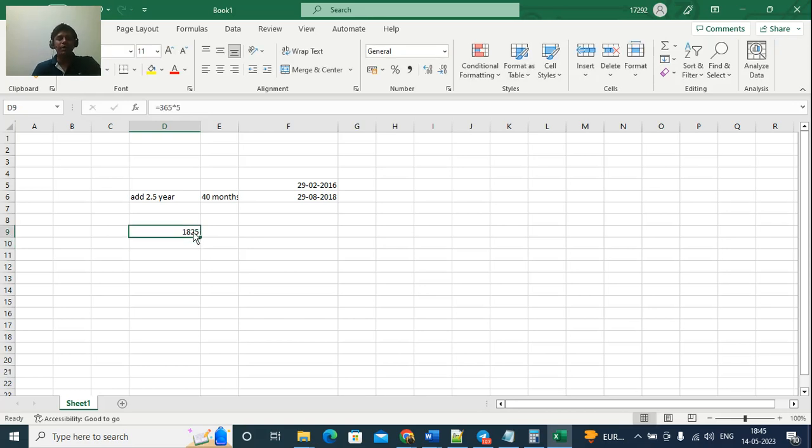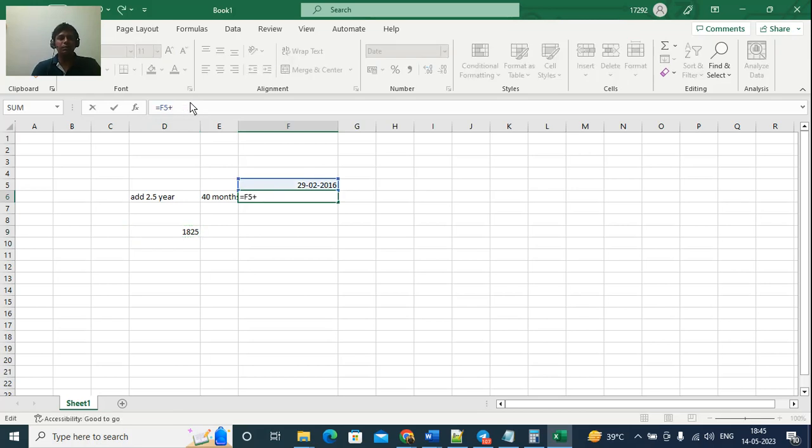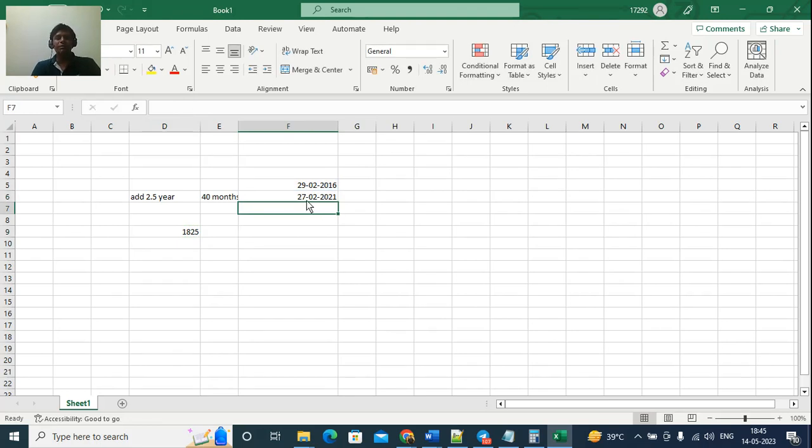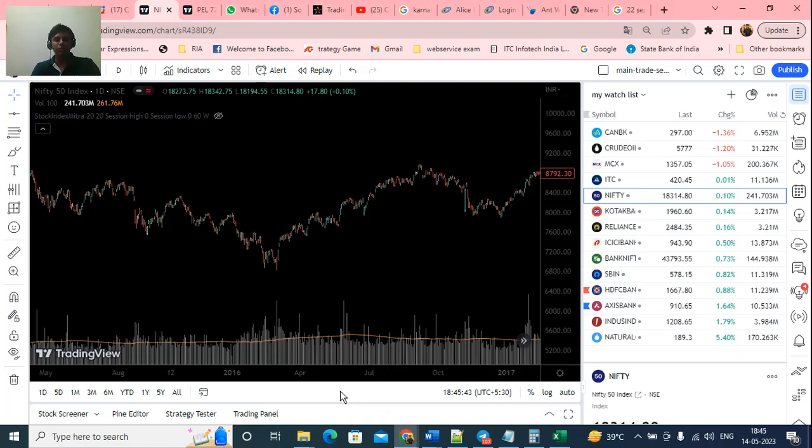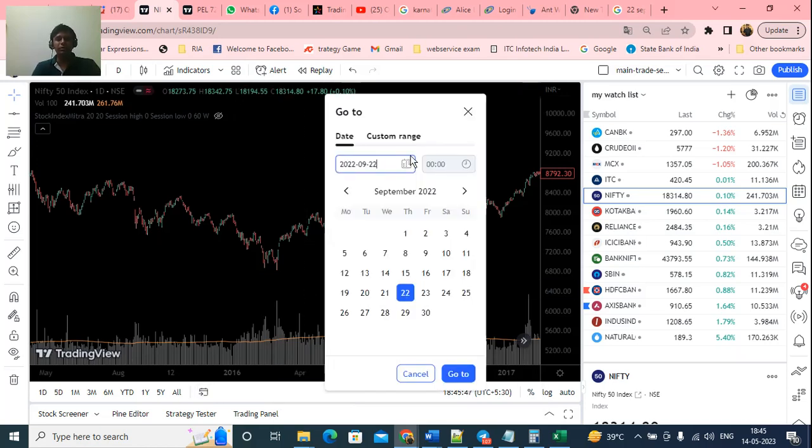So we have to add 1825. We are getting the date 27 Feb 2021. Now we will go again into the chart and see what happened on 27 Feb 2021.